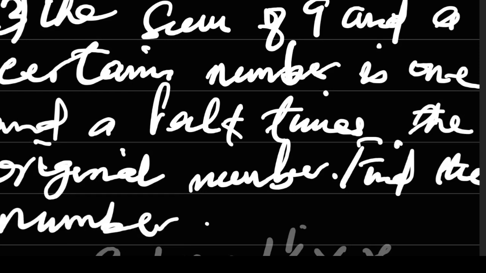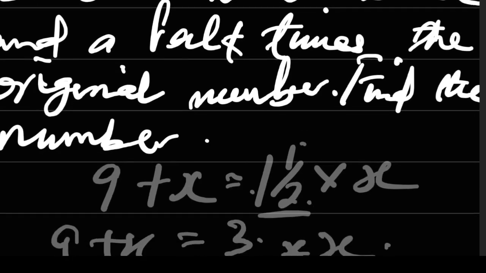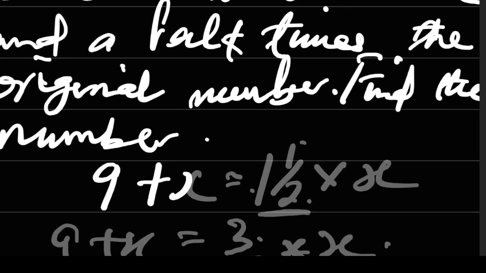Now let's do this question. Looking at it, the sum of 9 and a certain number is 1.5 times the original number. Find the number.